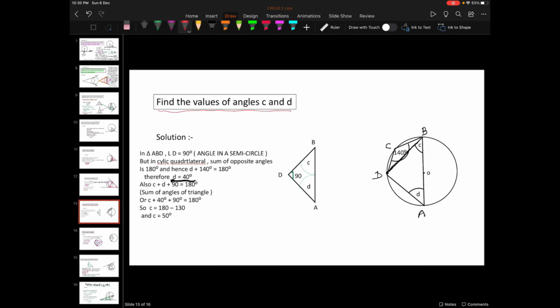Now, we already know that the sum of angles of triangle is 180 degree. Hence, we can write C plus D plus 90 degree is equal to 180 degree. I am considering triangle ABD.